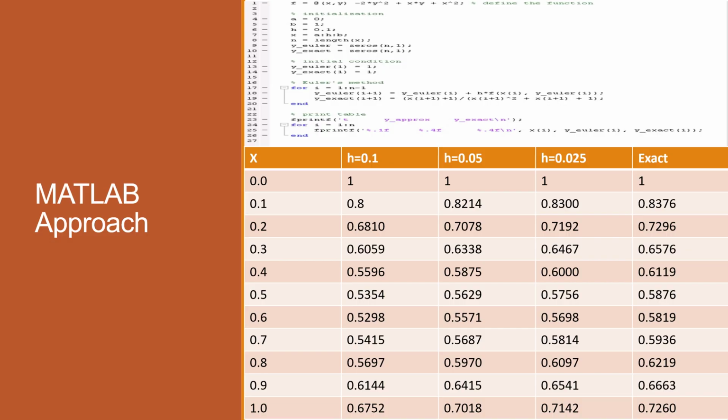For my MATLAB approach for textbook example 3, I was having trouble outputting all 3 step sizes to the same table in the same code. So I decided just to solve one equation and then go back and input the other 2 step sizes to find those values.